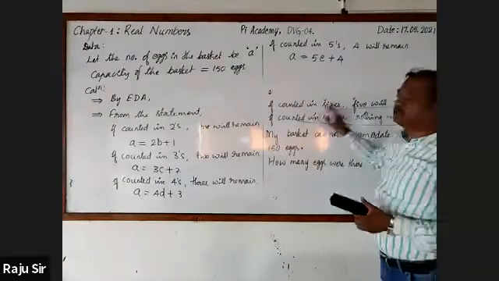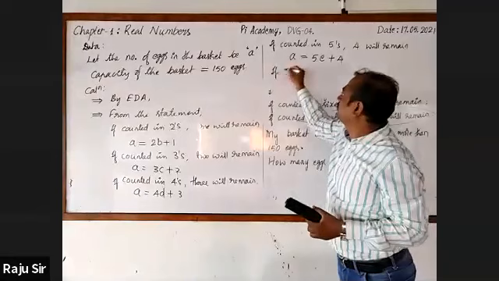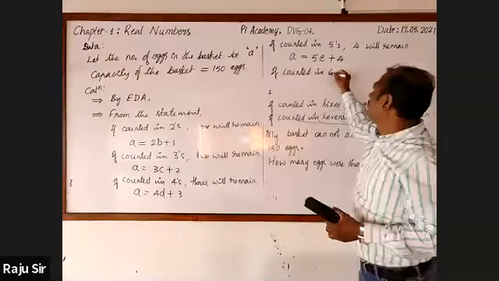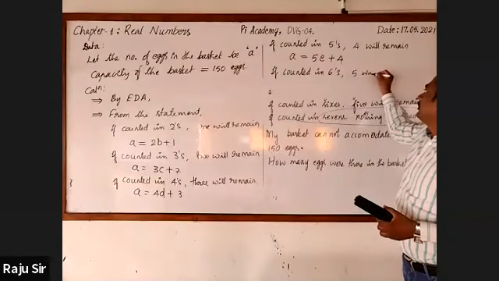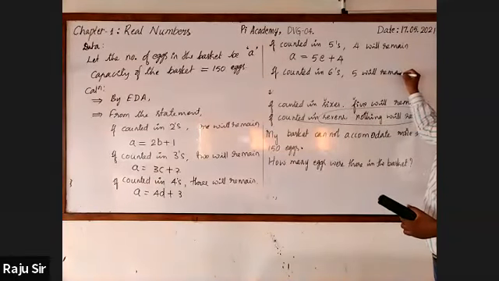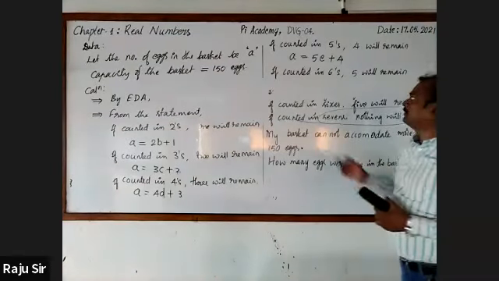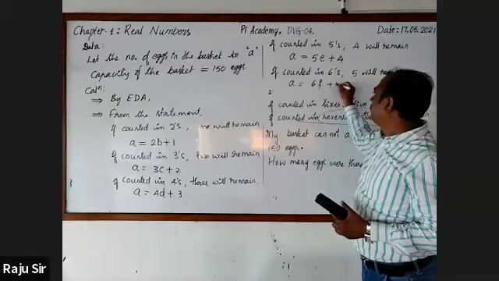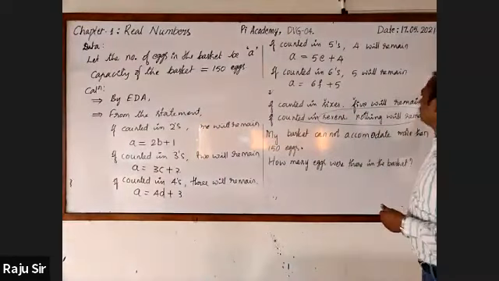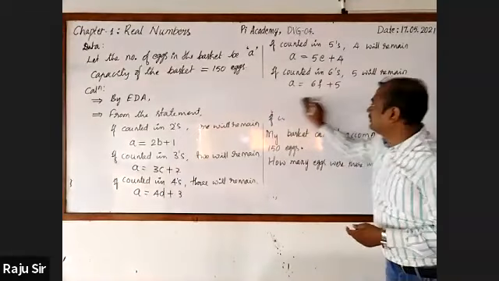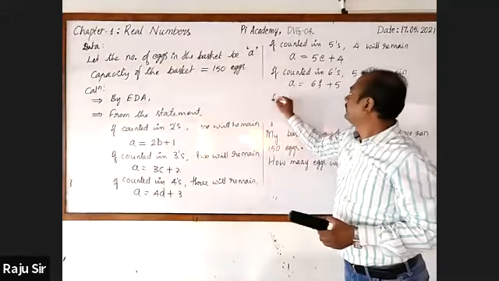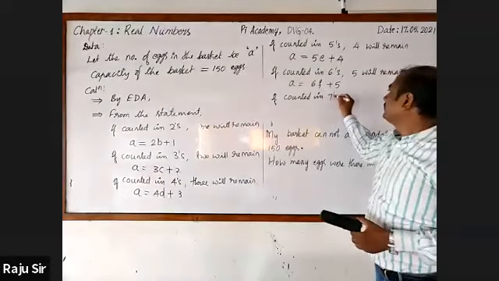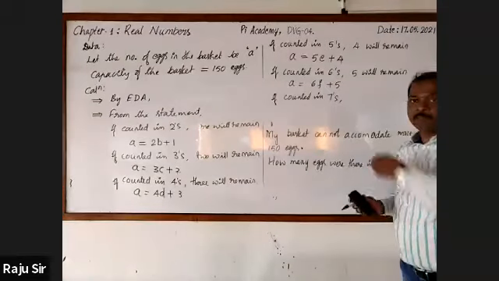Next, if counted in 6s, then 5 will remain. This can be written as a equal to 6f plus 5. And the last response is, if counted in 7s, how much will remain? Nothing.